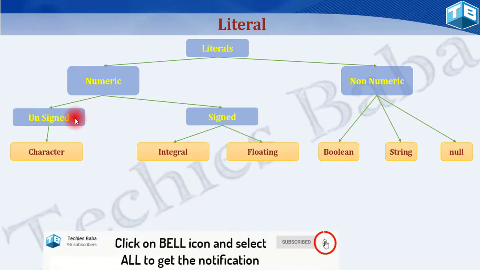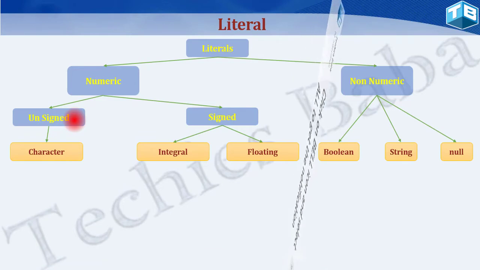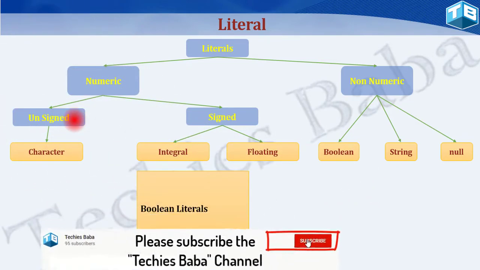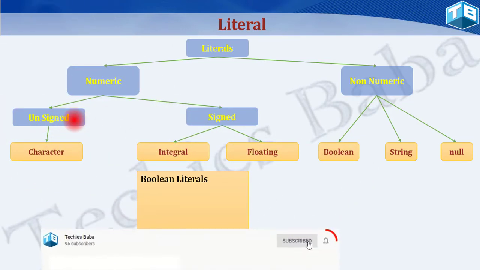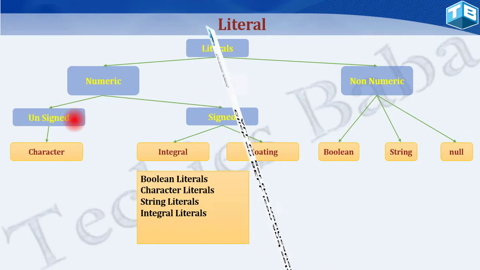In the unsigned, we have a character type, and in the signed, we have integral and floating values. So if you think about the categories of literals, the values that you are going to use inside the program, inside the application, can be categorized in any of these types: Boolean values, character values, string values, integral values, or floating values.